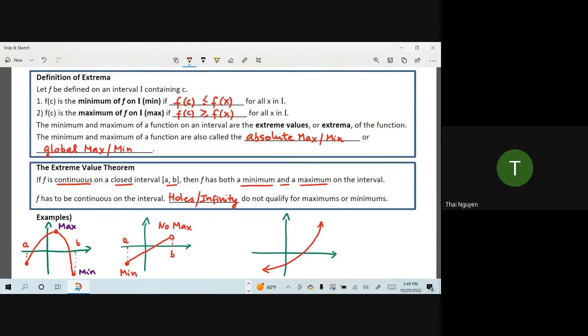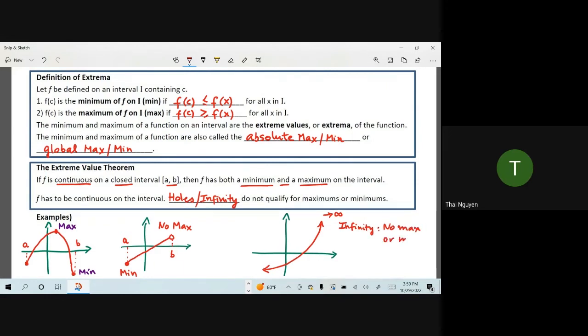The arrow on the right side means the function is going to infinity, and on the left side the function is going to negative infinity. Therefore, infinity does not qualify for max and min. The EVT doesn't guarantee a maximum or minimum for any function that has infinity. So it has to be on a closed interval.